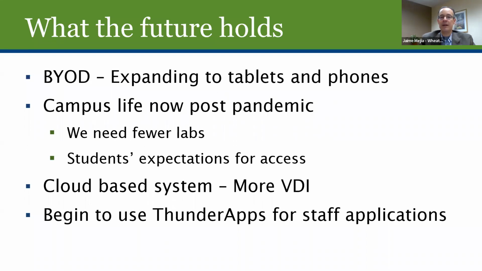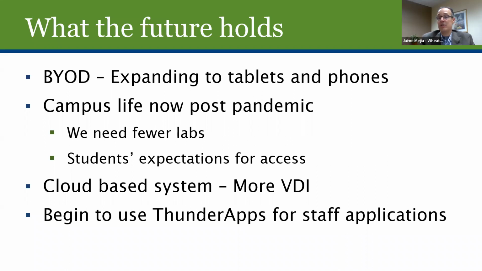What would be life after COVID? I know everybody has been through that situation. We realized that we don't need a physical lab for students to collaborate or do their assignments. We can have fewer labs, and we can provide everything that we want through Thunder Apps.